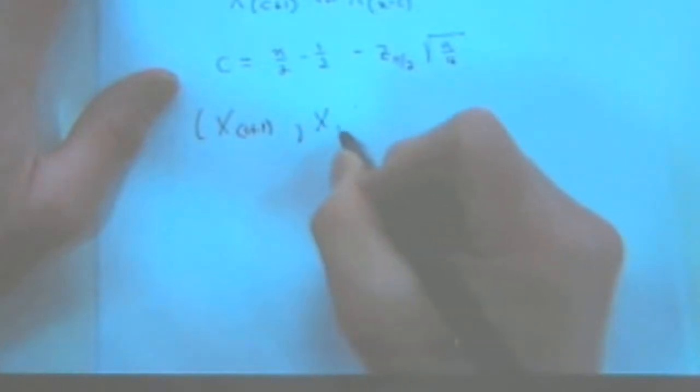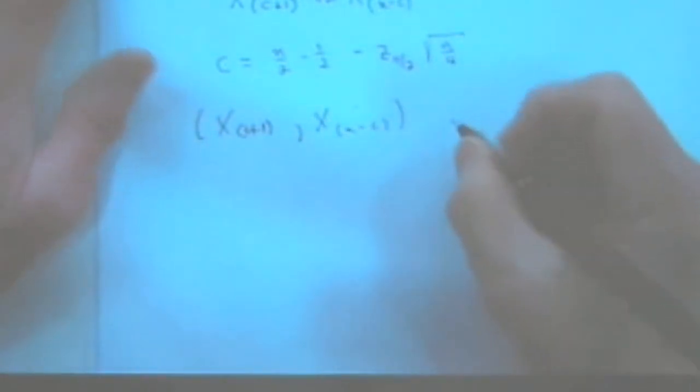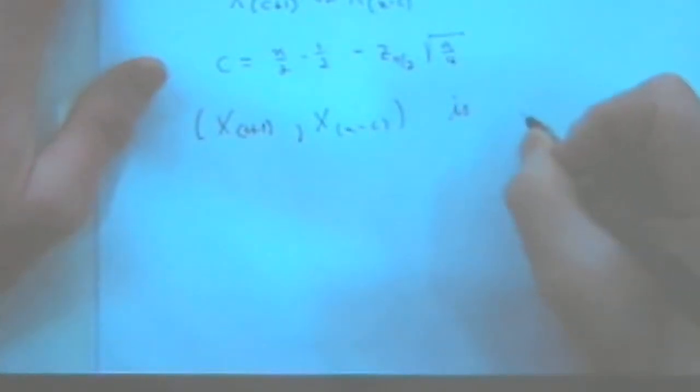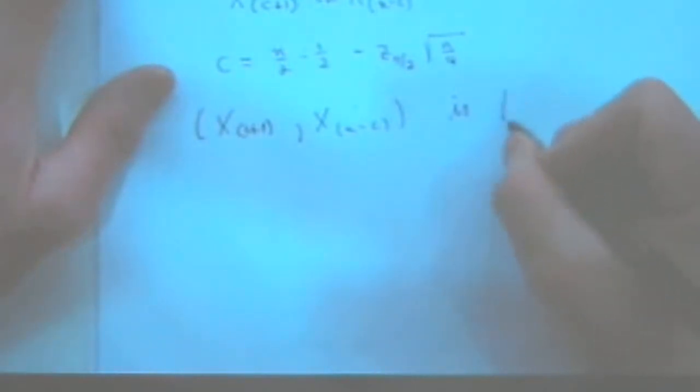And this is a one minus alpha times 100% confidence interval.